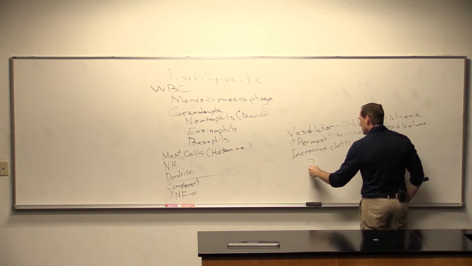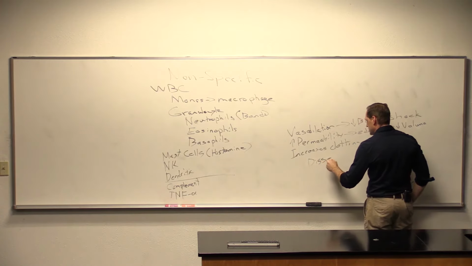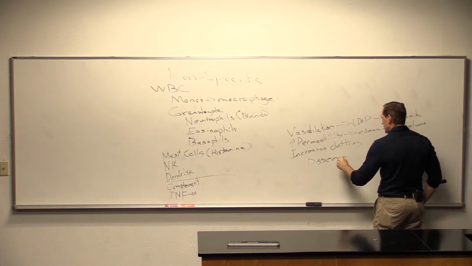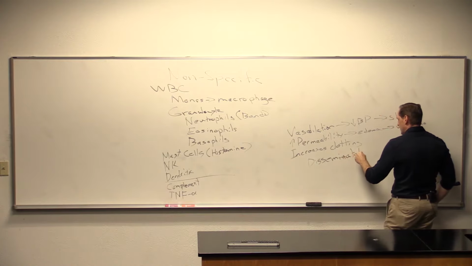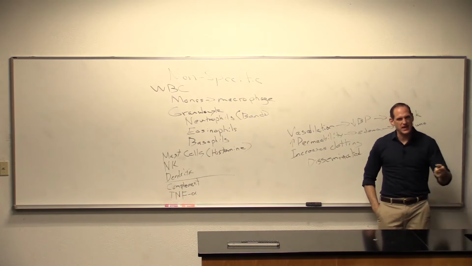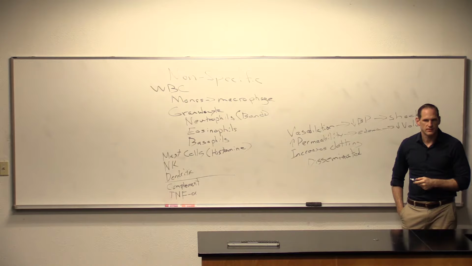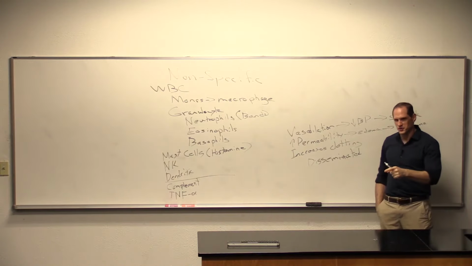Helps if we know how to spell. Disseminate. Disseminated. Now, what's the word for inside a blood vessel? What was the word for inside? Intra. And what's the word for vessel?